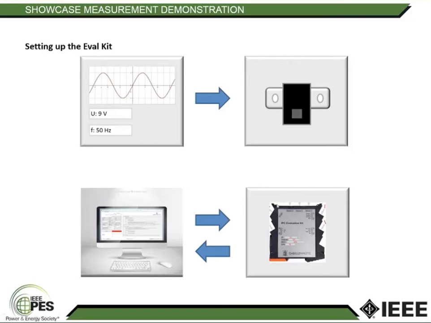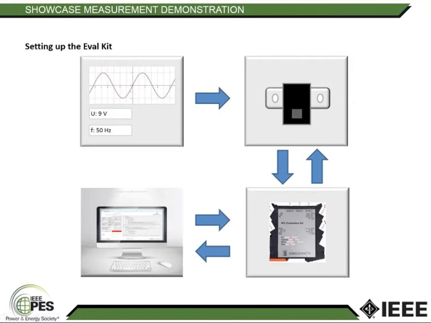Then we used an evaluation kit that contains different filter orders, sinc 1, sinc 2, sinc 3, and sinc fast, together with a PC readout software, to actually show or plot the actual current that we measure.